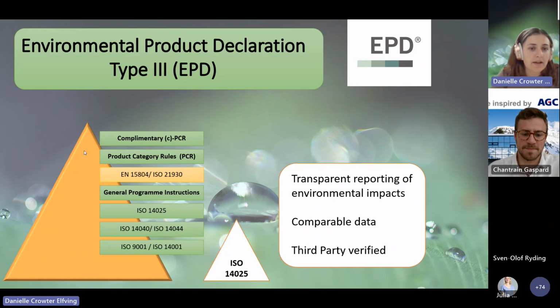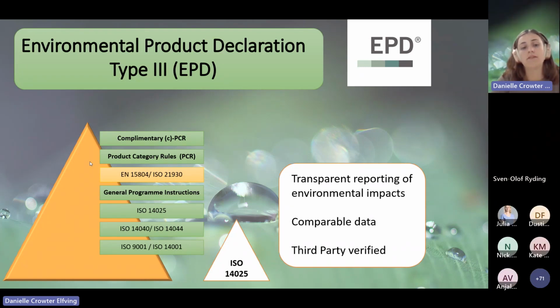As well as this, we have these PCRs or product category rules. And these are used based on which product you are creating an EPD for. And they can also be complemented with a CPCR. Additionally, we also follow this EN 15804 code, or ISO 21930, and this is specifically for construction products, which is a very big sector in EPD right now.